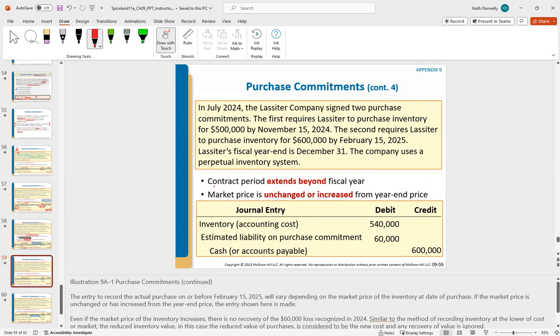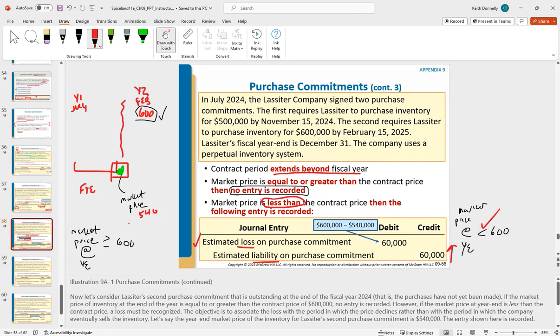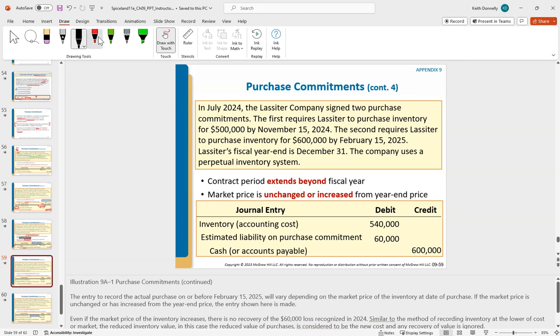Let's see what it says here. If market price is unchanged or increased from year end. Okay, so let's say in this situation, if we go back here to this guy, let me kind of just draw that out again. We got July, we got February, right? We said that we're going to pay $600 for this thing. Here we are at the fiscal year end, and we said, oh, the market price is only $540, and we did that journal entry that we just saw.